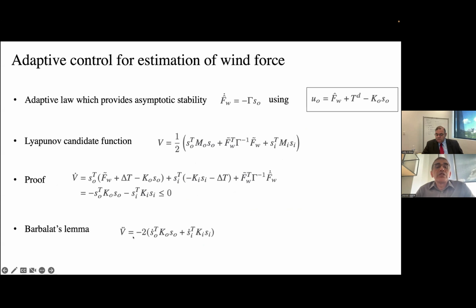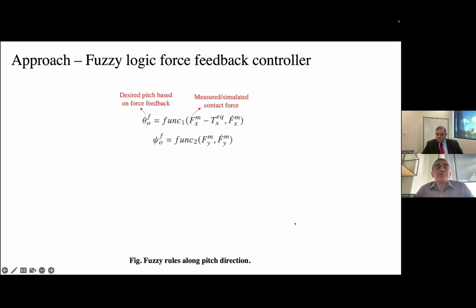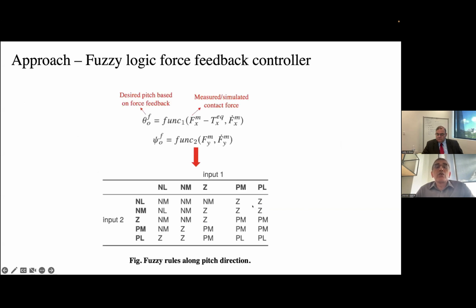Then using Barbalat's lemma you also show that the error for both the ground robot and the drone converges to 0. And similarly for fuzzy logic, we are considering two inputs.